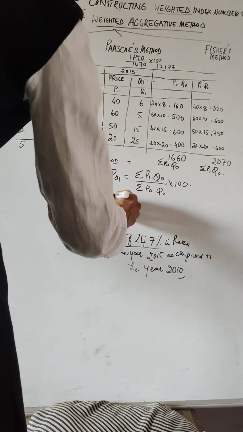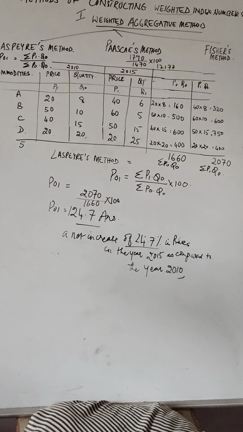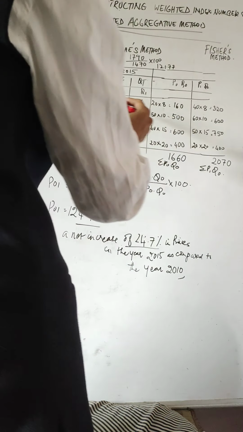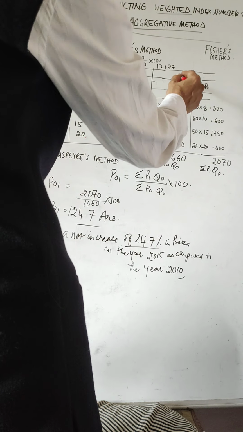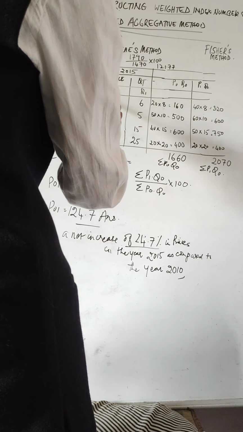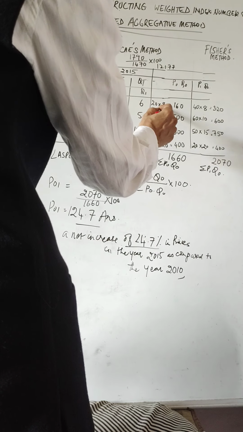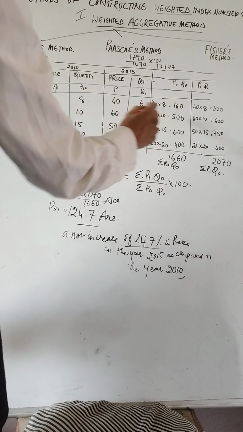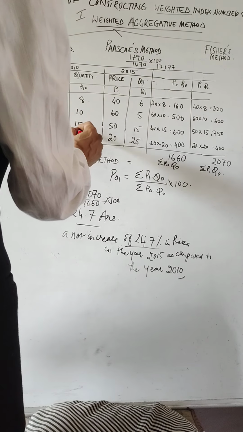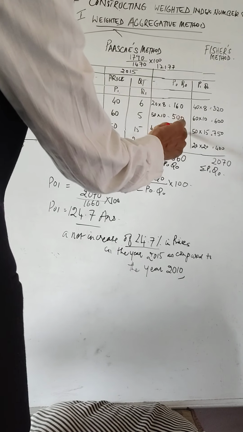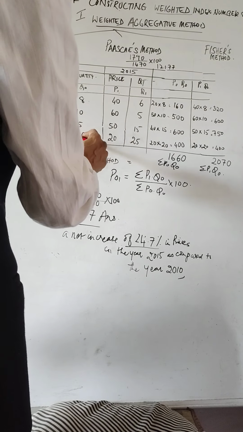So this is what it's going to be. Now let's go ahead, and in this we'll make another column, P0 Q0. 20 into 8, 160. 50 into 10, that is P0 Q0, 500. 40 into 15, quantity in the base year 15, 600. 20 into 20 is 400.